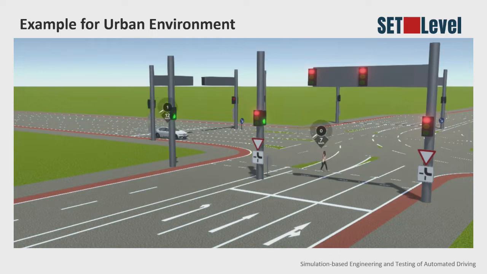Here in the video it is shown only a trajectory-based example to highlight in principle the main use of standards in our SuT level project. Open Drive, for example, was substantially expanded by elements which are needed for urban traffic, like signs, signals, or pedestrian pathways, for example.